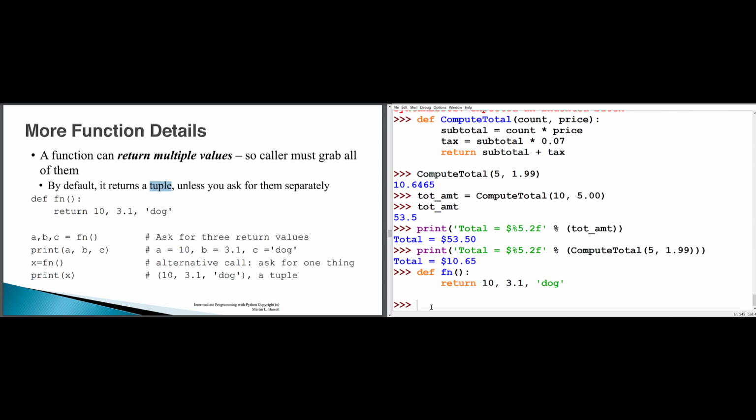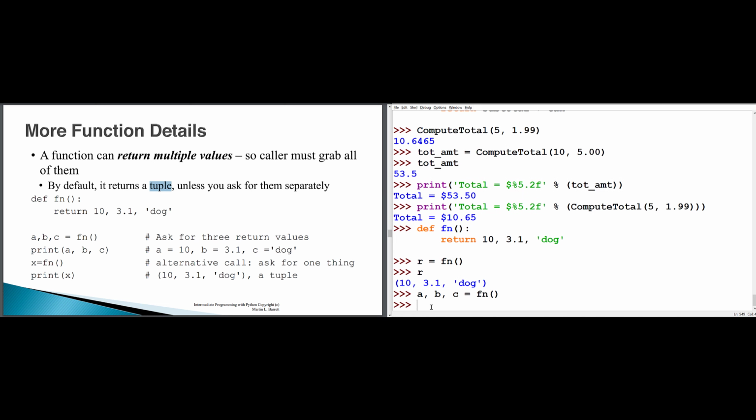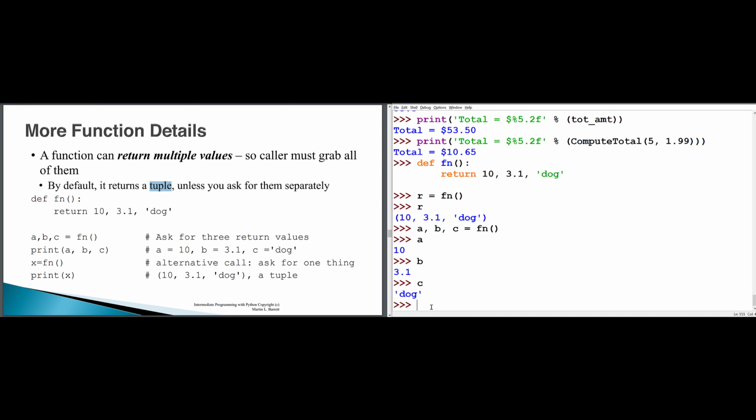If I say r gets fn, r is now a tuple, but I can also do what's called multiple assignment. If I know that there are 3 values in the tuple coming back from fn, I can say a, b, c, separated by commas, gets fn's return value, and that way I can separate the values in the tuple to be referred to by separate variables.